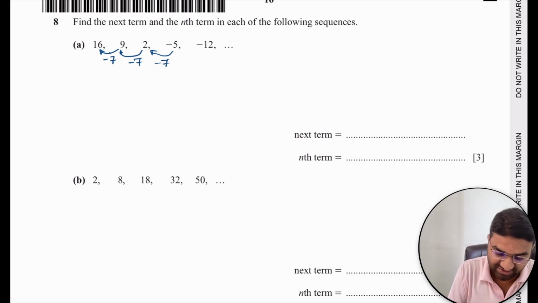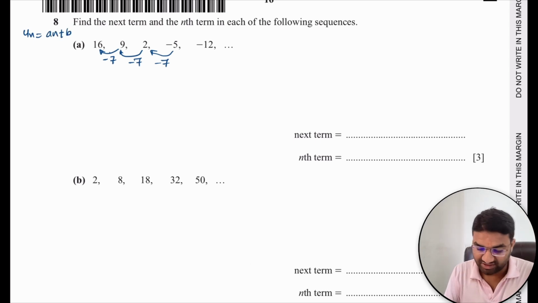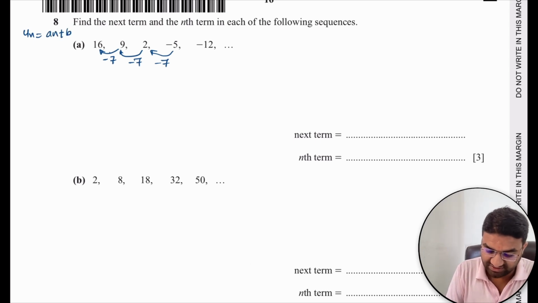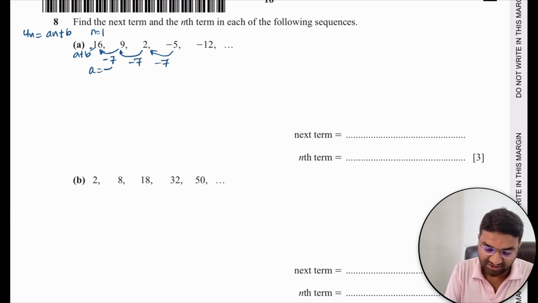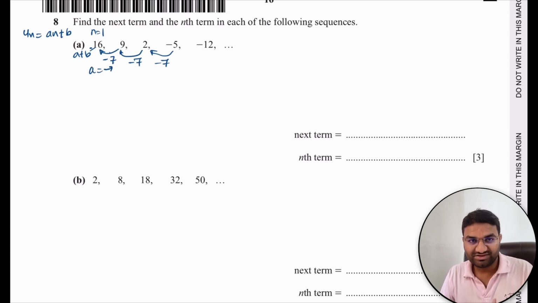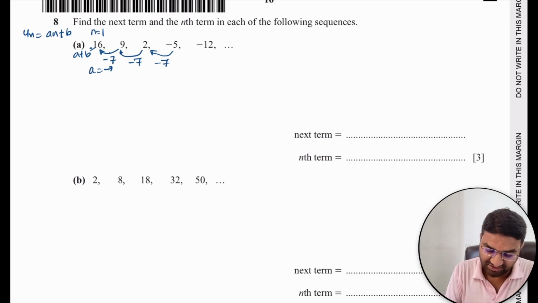A linear sequence is in the form of un equals an plus b. We compare the first term, n equals 1, so a plus b is equal to 16.